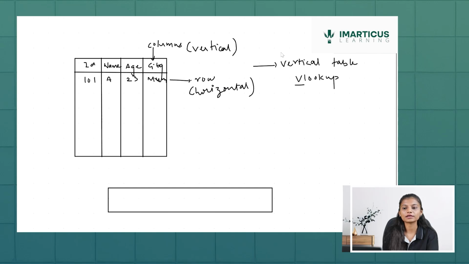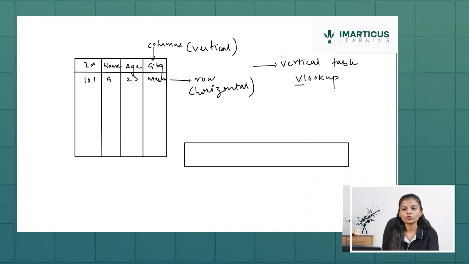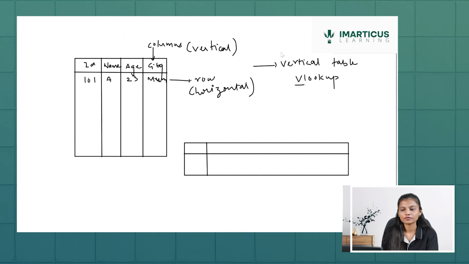Now what's a horizontal table? Let's try to understand that over here. In this table, let's say I have ID over here, name over here, and then comes the age. So here the columns are horizontally aligned. These are my columns, and columns are horizontally aligned.